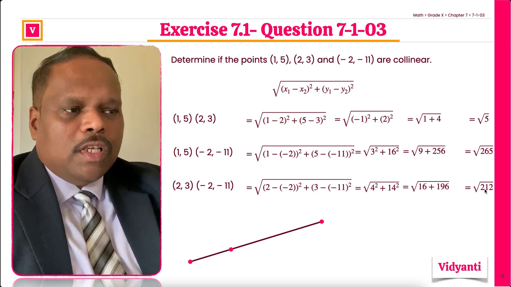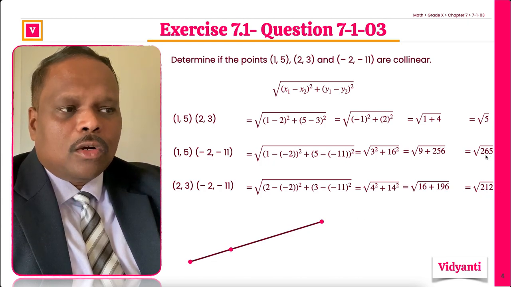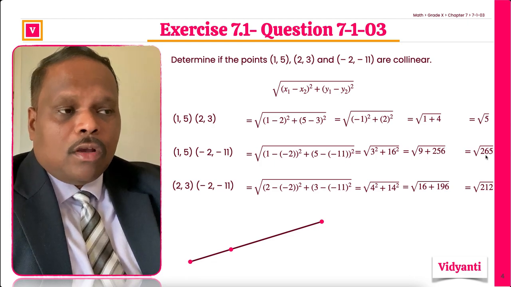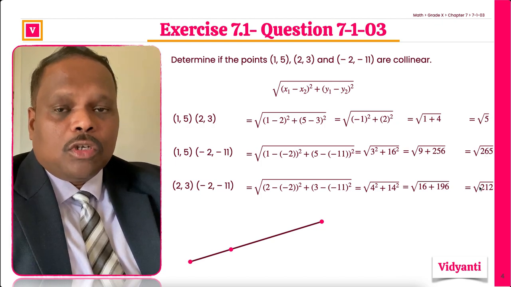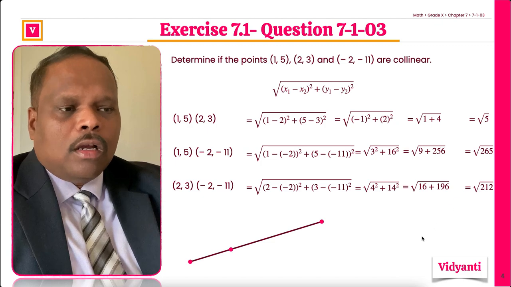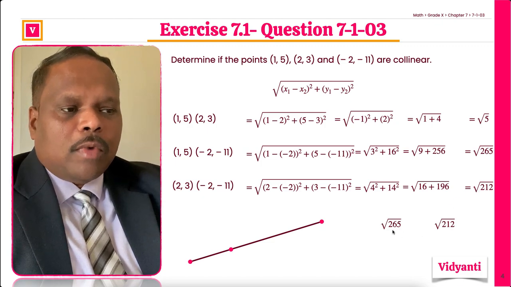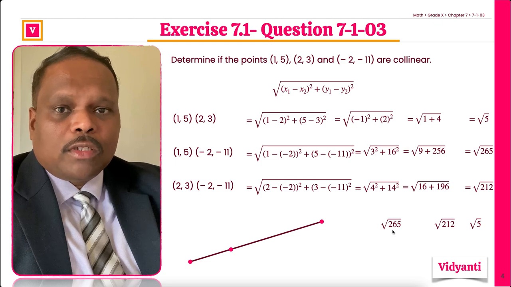The largest of these three numbers is root 265. You have to ask yourself whether that is equivalent to the sum of the remaining two smaller distances or not. Let's check. Is root 265 the same as root 212 plus root 5? The answer is, well, I don't see any correlation here.